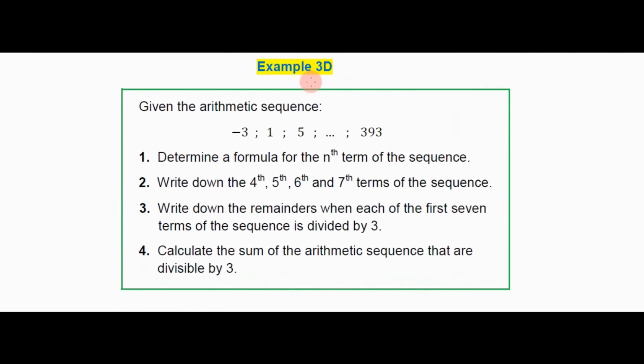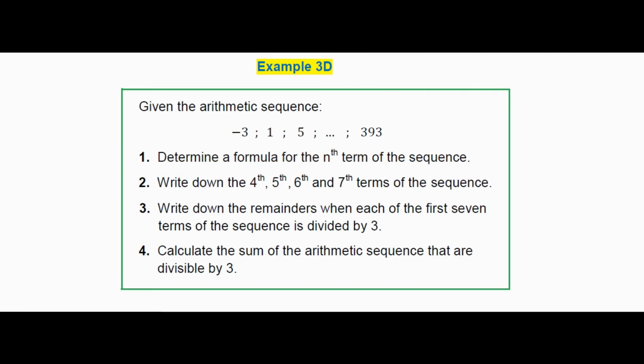Let's look at example 3D, which deals with divisibility in the context of arithmetic sums or series. We are given this arithmetic sequence, and in the first question it says, determine a formula for the nth term of the sequence. This is another way of asking us to find the general term.